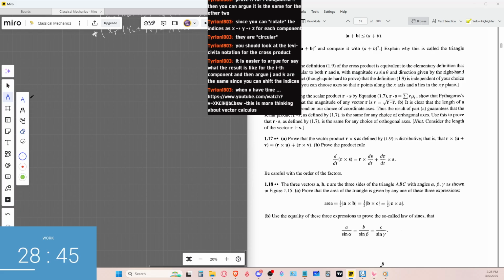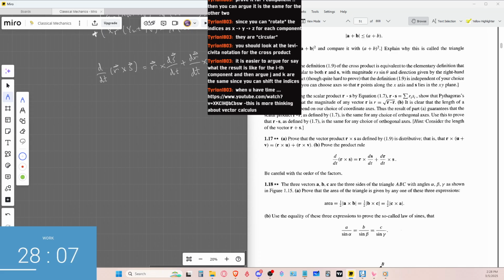Okay, second part, prove the product rule. This is more thinking about vector calculus. Gotcha.